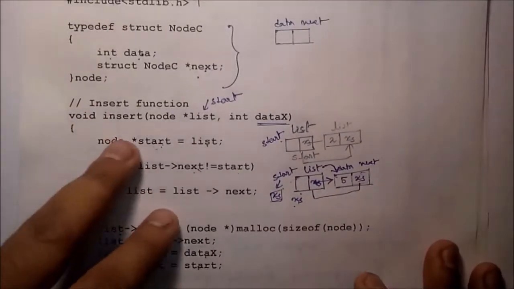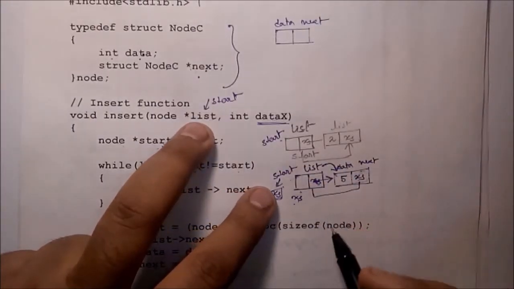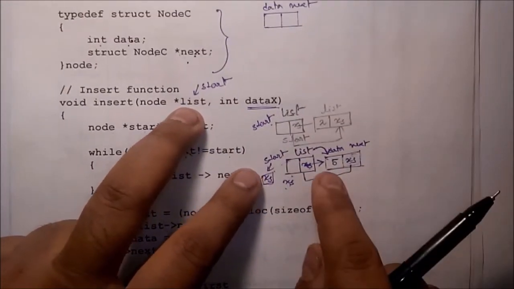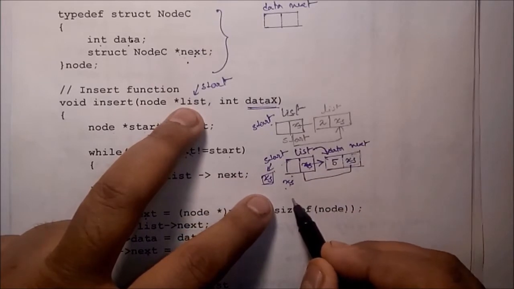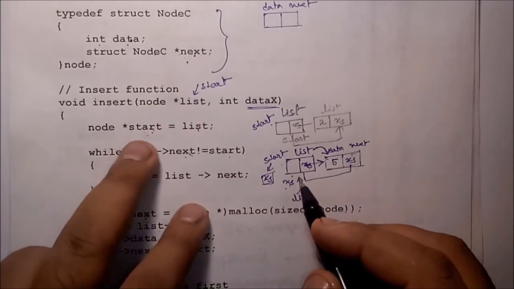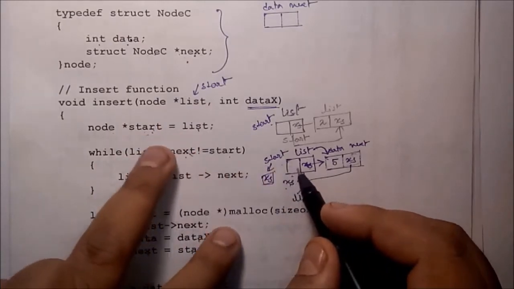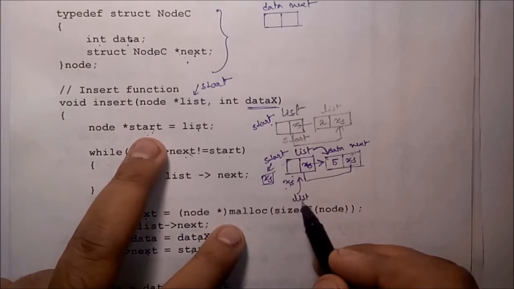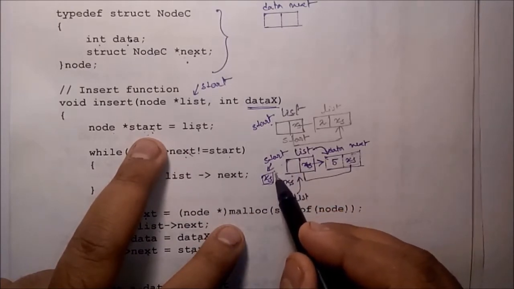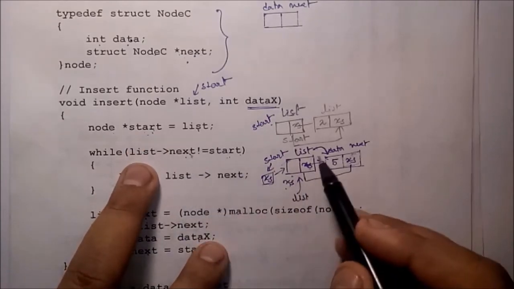Once again we are passing the start and list, so list holds the address of the first node. Start, a local variable, is equal to list, so start is the same thing. In start we hold the address of the first node, so start is indicating this one.